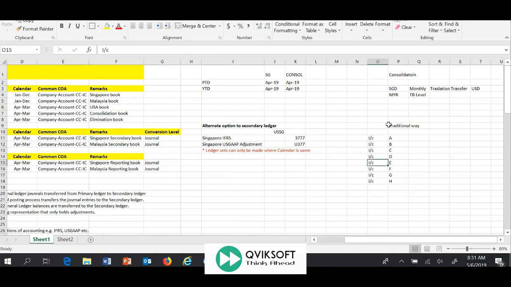And when they post a journal in their book, they will say, okay, I debit intercompany A and credit whatever bank, whatever they make some payment, right? So $100. Once they post this journal, they have already updated their books, right?